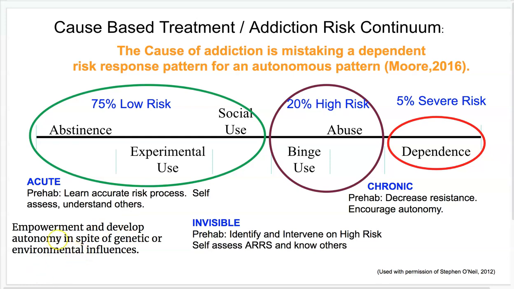This is called an empowerment model because it puts the power right in the client. The client has the power. They just have to see what the attributes of their risk response system looks like and the power of the order of those attributes.